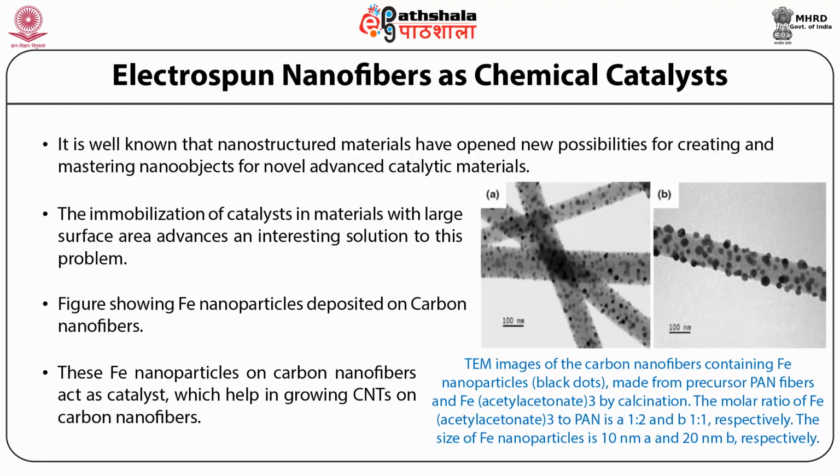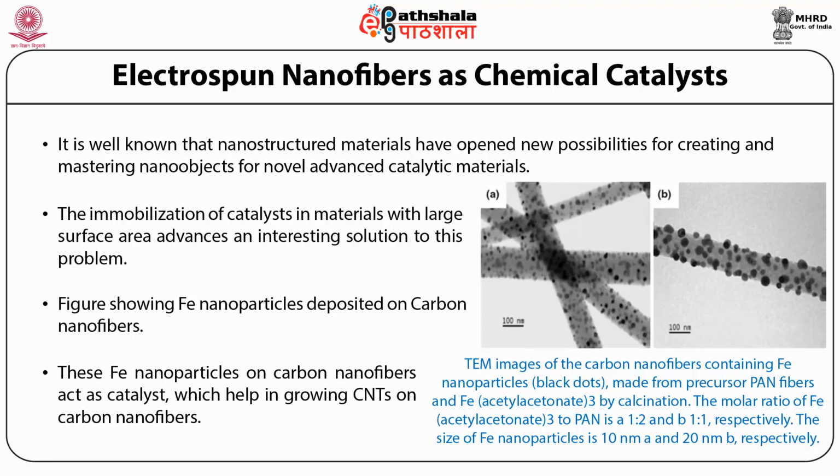In 2004, scientists demonstrated a simple in situ electrospinning route for directly depositing iron nanoparticles with different size on carbon nanofibers, which is shown in figure A. In this study, PAN and iron acetylacetonate were used as precursors. Carbonization and hydrogen reduction were used to convert the precursor into iron-carbon composite fibers.